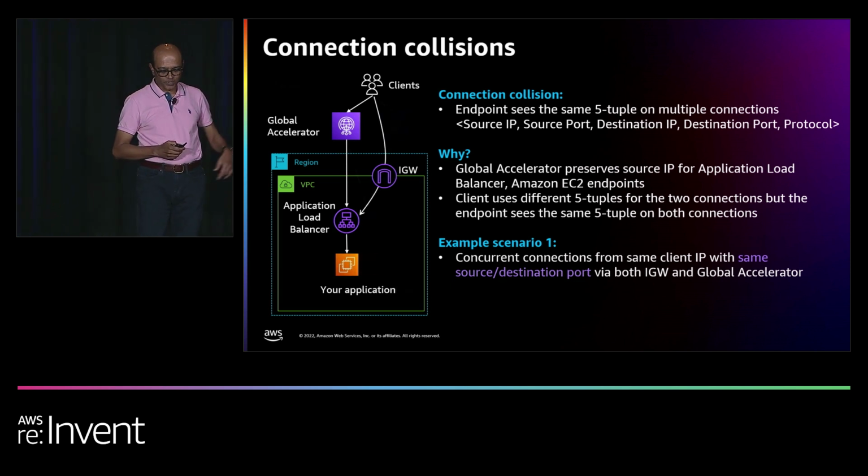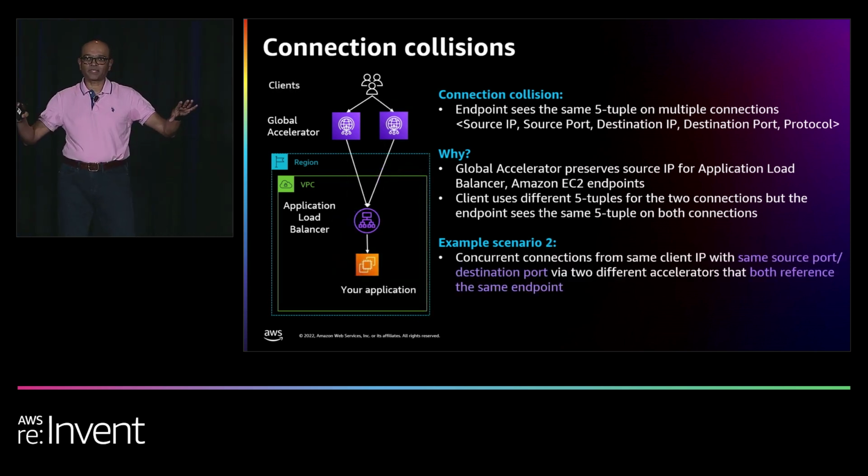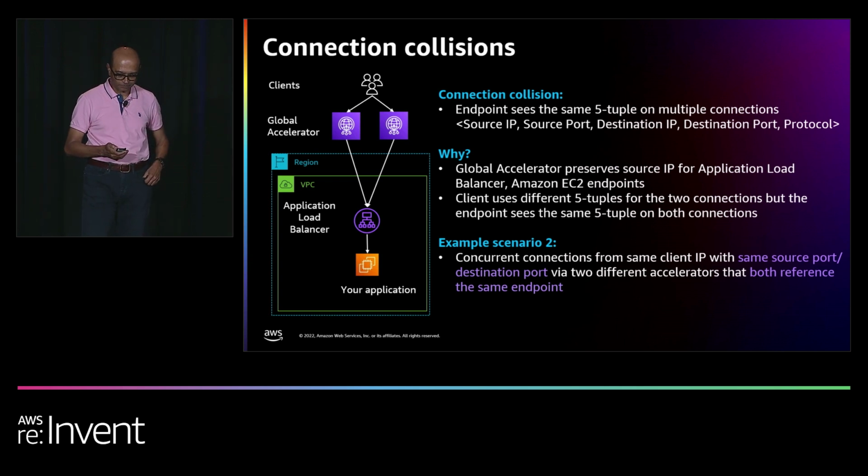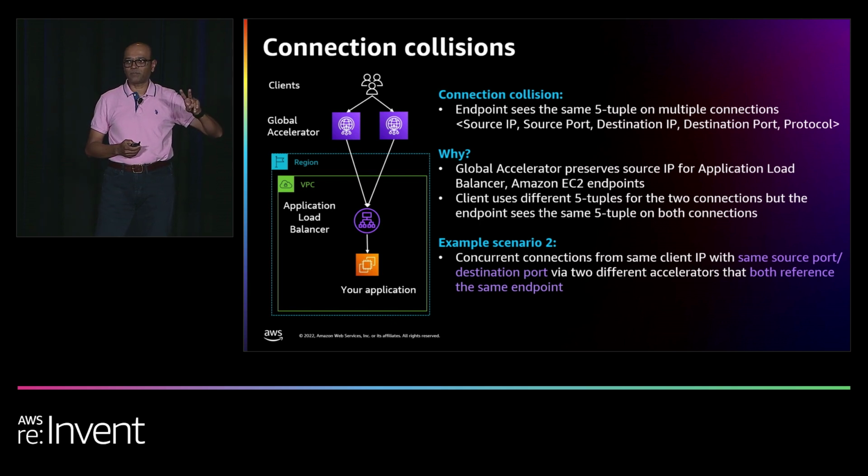A second scenario when this can happen is when you have two different accelerators and they both point to the same endpoint, and again you're having the same source port and destination port, because the global accelerator is going to pass through the client IP address and it appears as if it's the same source IP, source port coming in. By the way, this does not happen when you're using two IPs of the same accelerator, because we take care of that as part of the same accelerator.